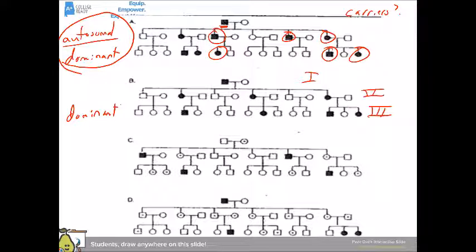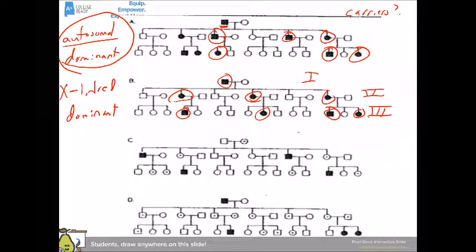So we count 1 male, 2 males, 3 males. So 3 affected males, and then 1, 2, 3, 4, 5 affected females. So females seem to be affected more often.